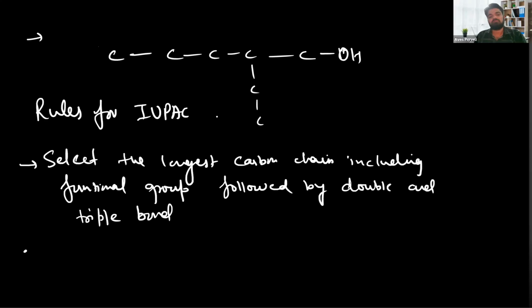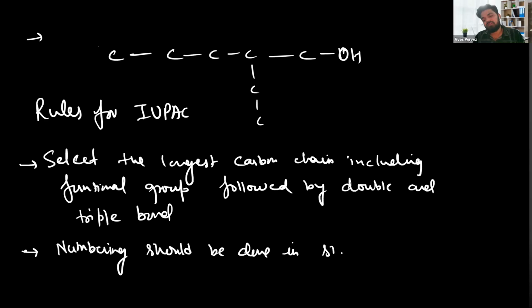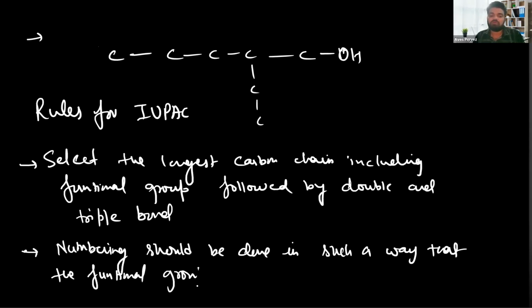The next step is that numbering should be done in such a way that the functional group should get the lowest possible number.